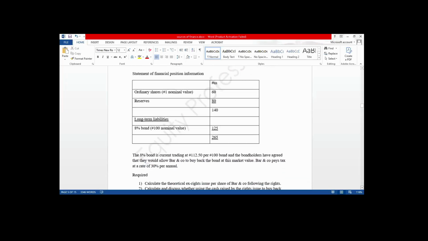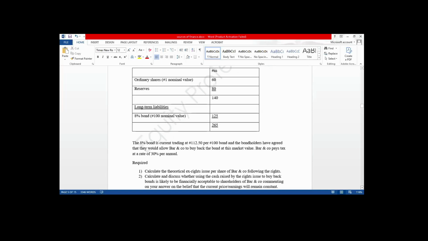The next note. The 8% bond is currently trading at 112.5 per 100 naira bond. Let me explain that. That means the current price of a bond is 112 naira 50 kobo. The nominal value of a bond is 100 naira.